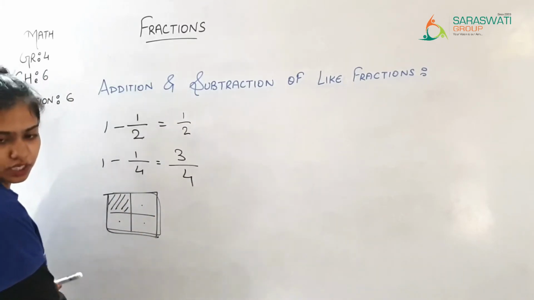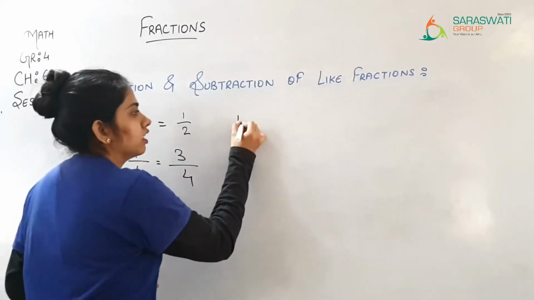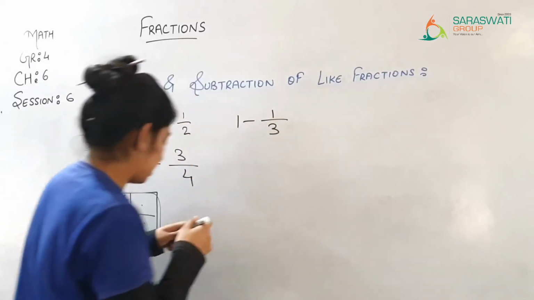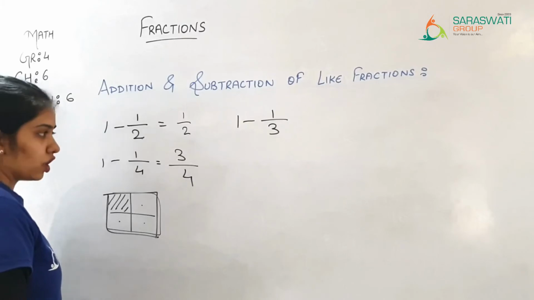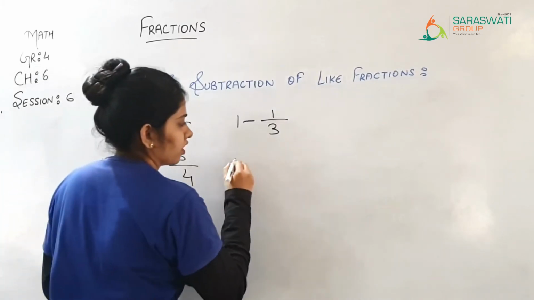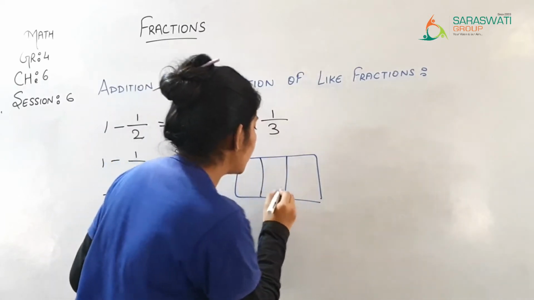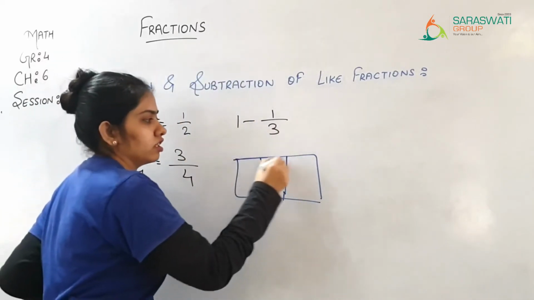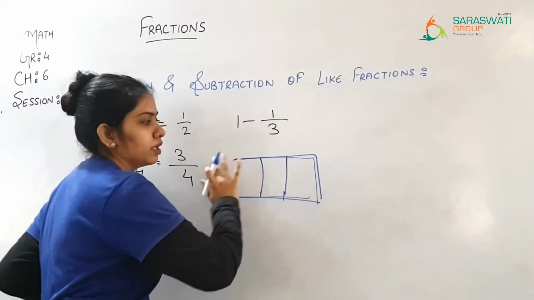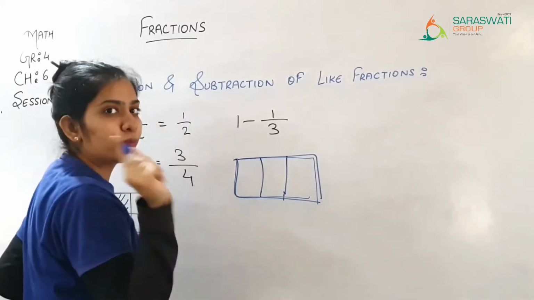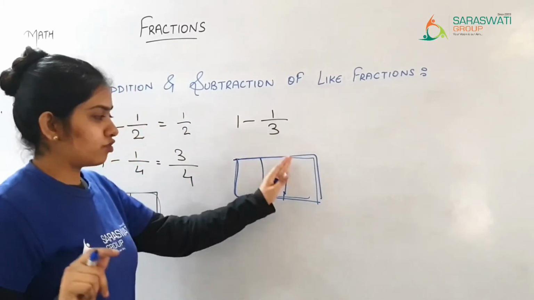Let's see the next one. 1 minus 1 upon 3. So again, here we have 3 parts. The first one is the whole part. ये पूरा का पूरा box, that is one whole part. Now in that we have 3 parts.